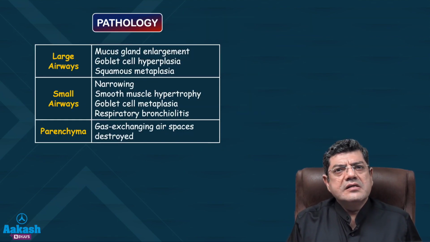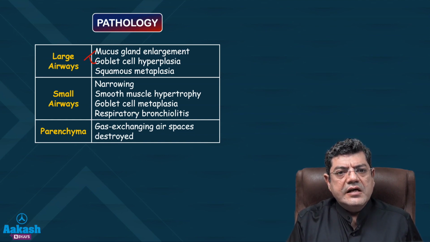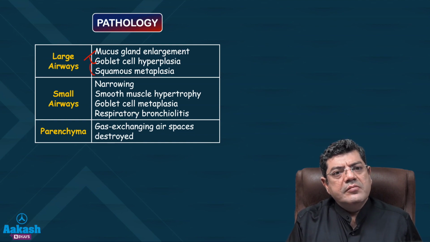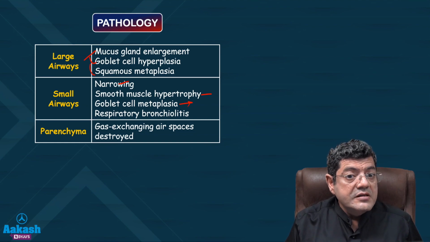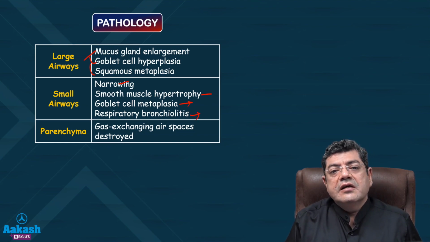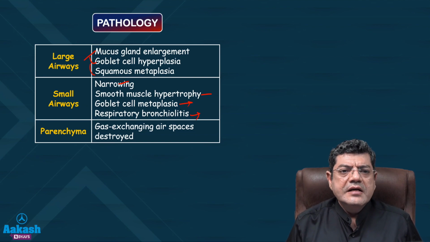Just quick sum up of what we said. Large airways, you get mucus gland enlargement, you get goblet cell hyperplasia, and you get a squamous metaplasia. The small airways are narrowed because of a smooth muscle hypertrophy. You get goblet cell metaplasia. These cells are not normally seen in the peripheral airways, and you see respiratory bronchiolitis.